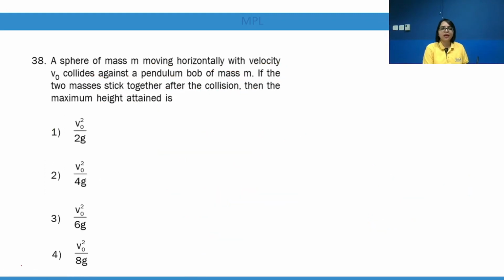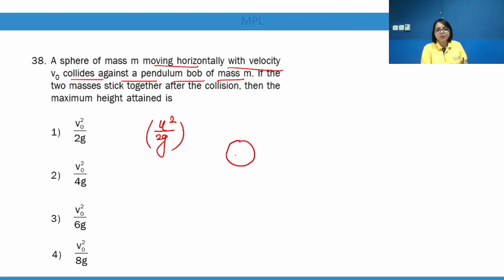Question number 38. A sphere of mass m moving horizontally with velocity v naught collides against a pendulum bob of mass m. If the two masses stick together after the collision, then the maximum height attained is. So maximum height attained is u square upon 2g. Let's find the value of u. Sphere is moving with velocity v naught. It collides with this pendulum of the same mass m, right?